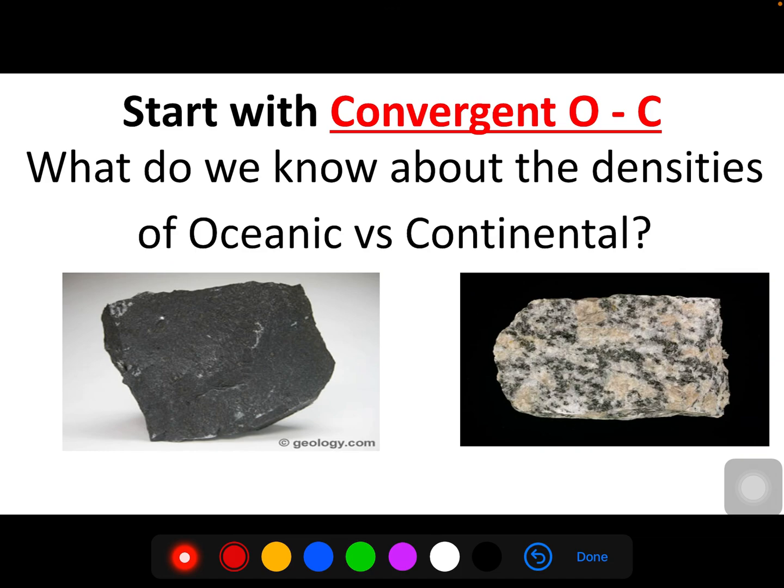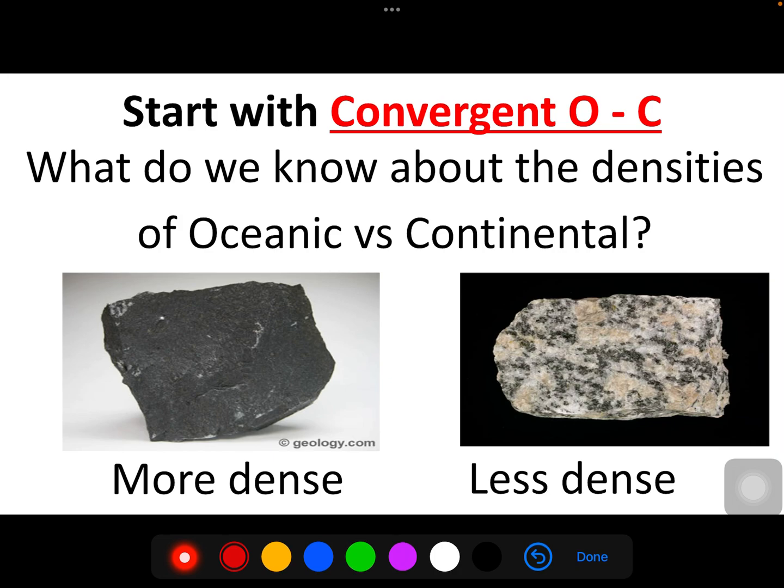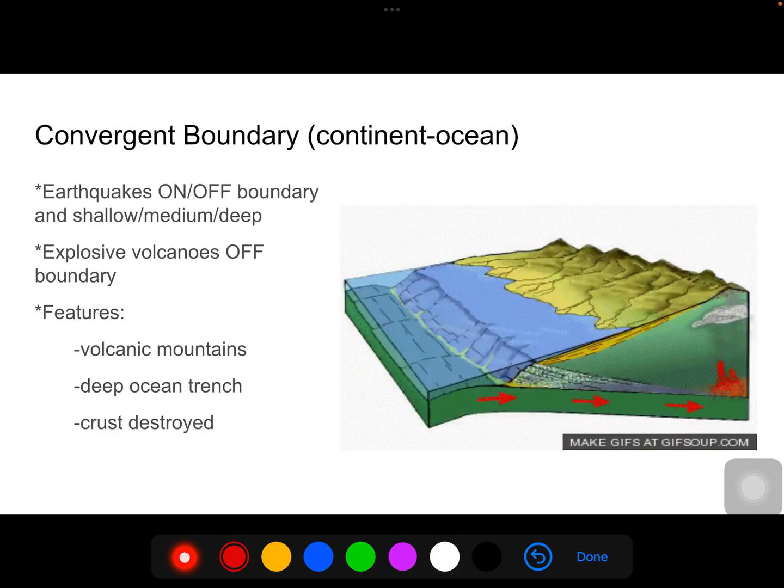Now we know that the different types of crust, one is ocean and one is continent. The ocean floor is more dense, and the continents are less dense. Okay, so what happens is the seafloor, because it is more dense, is going to get pushed under or subducted underneath the continent.